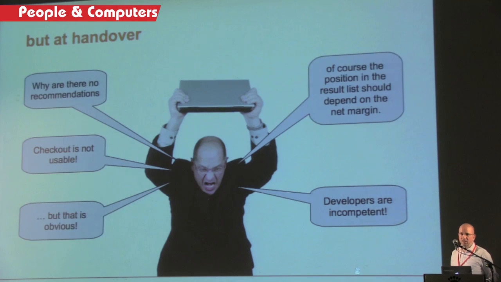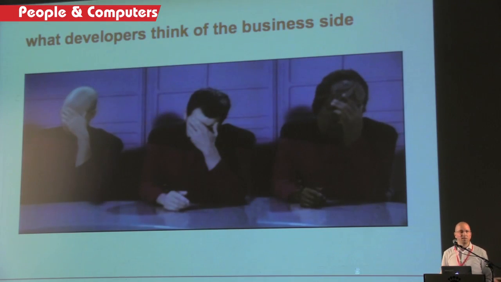And finally, the business side sums it up by saying the developers are incompetent. Well, what the developers think of the business side is not at all much better. They think that it's all the business side's fault because they didn't specify correctly what they wanted to have. So there are those two sides, and the two sides blame each other.